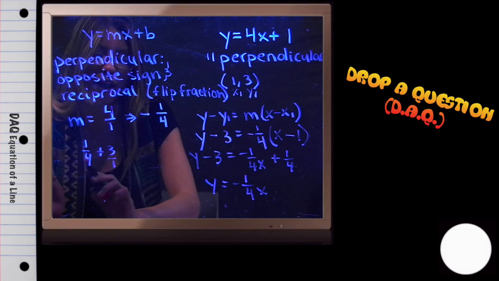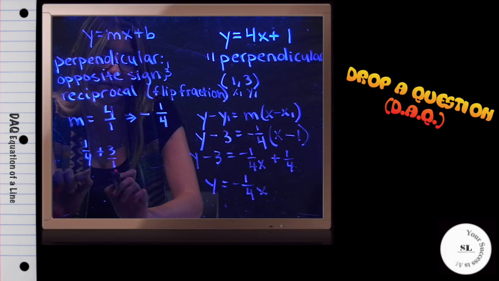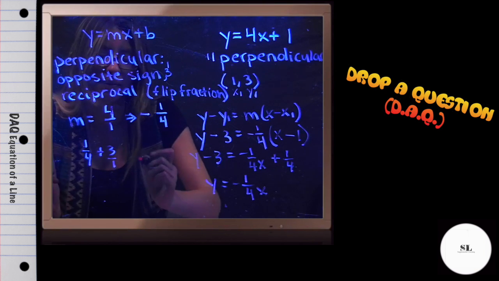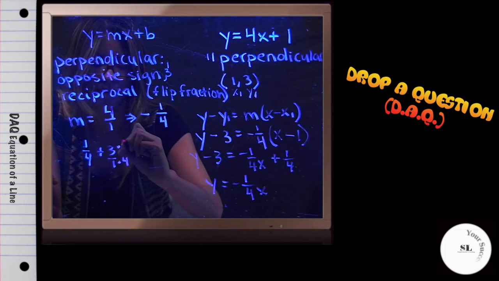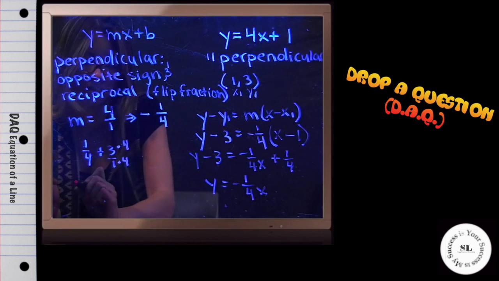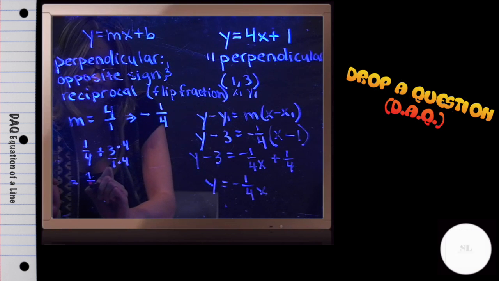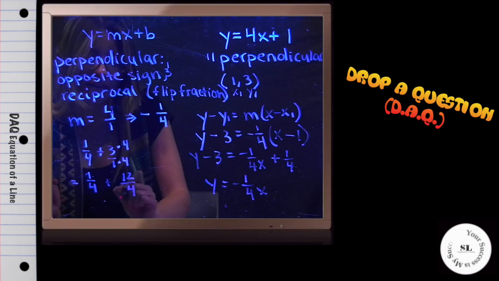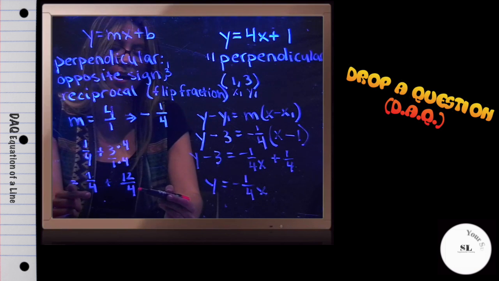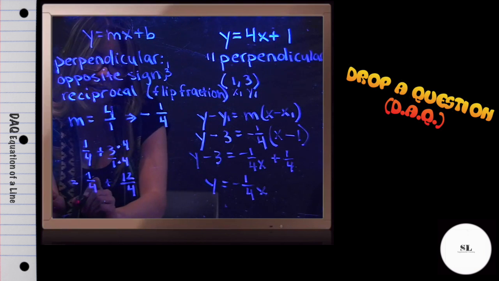Whenever we're adding fractions, you want to make sure that the denominators are the same. So because they're not the same denominators, we need to multiply this one times 4 to make them the same, top and bottom. So now we have 1 over 4 plus 12 over 4, and that makes it easier to add the fractions. Once they're the same denominator, you can add the numerators.